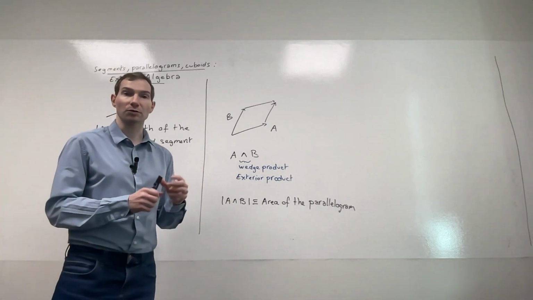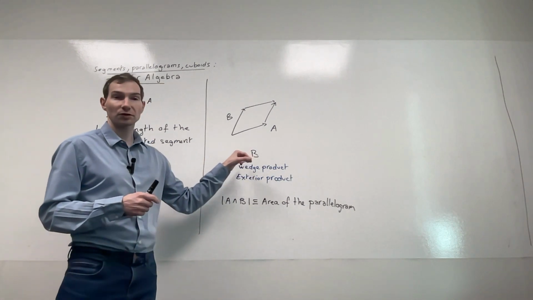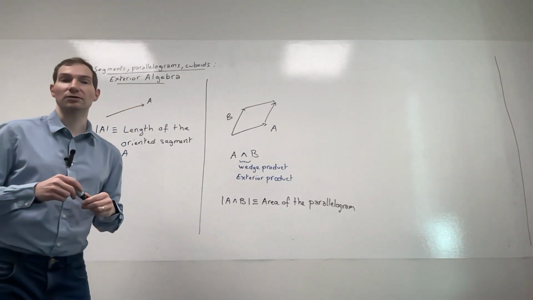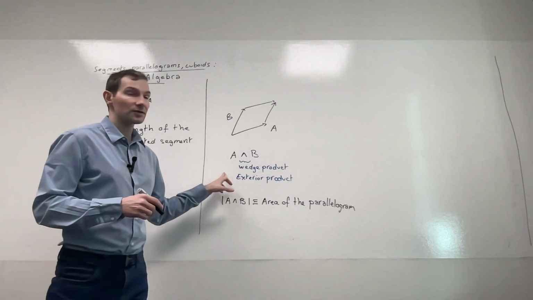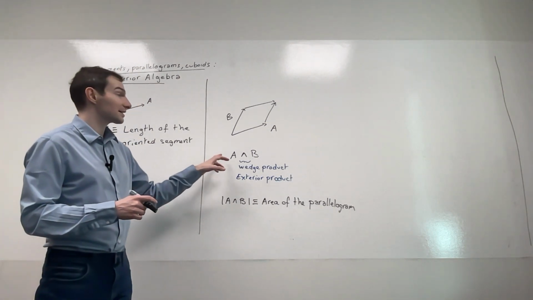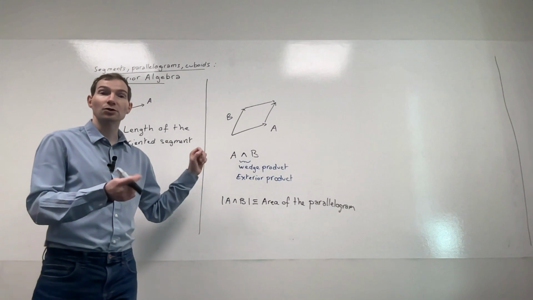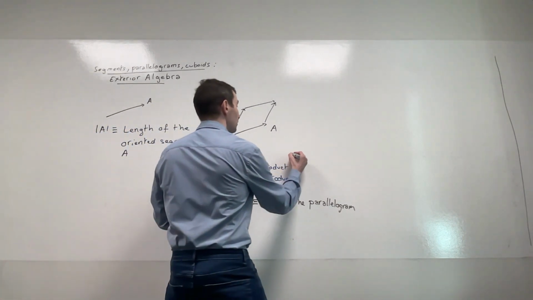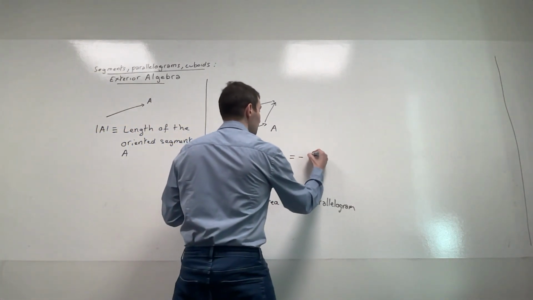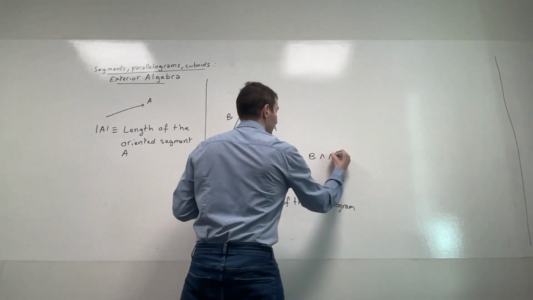Okay, so that's the point. We want a definition of that product that automatically gives you zero for that. And as it turns out, the way to do that is really simply to require that A wedge B is equal to minus B wedge A.